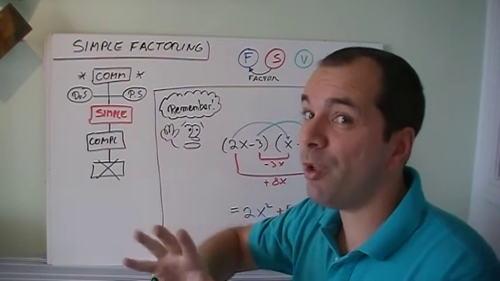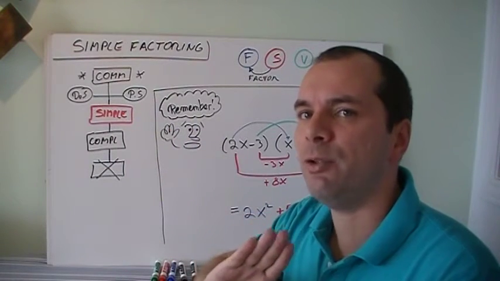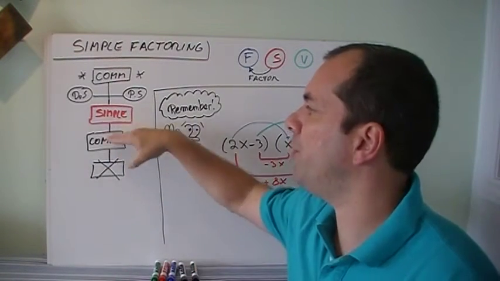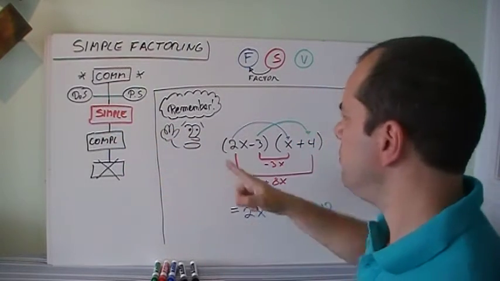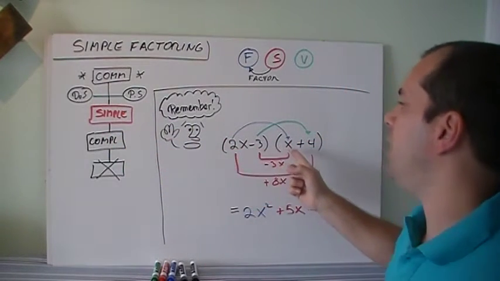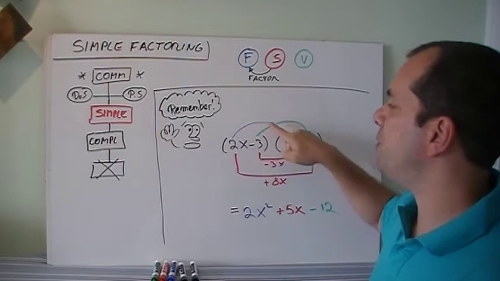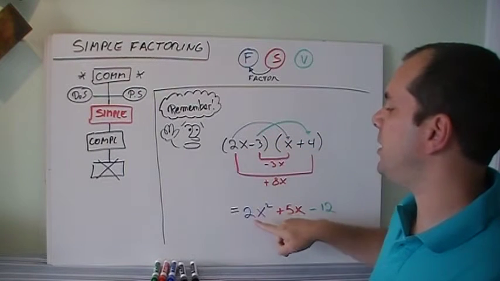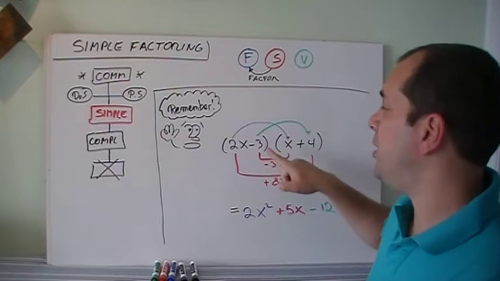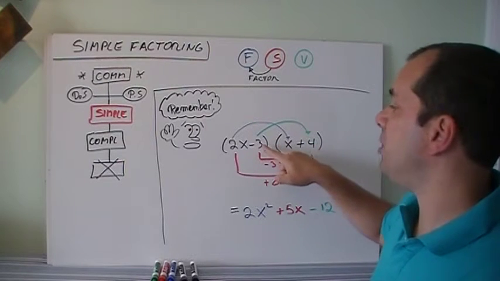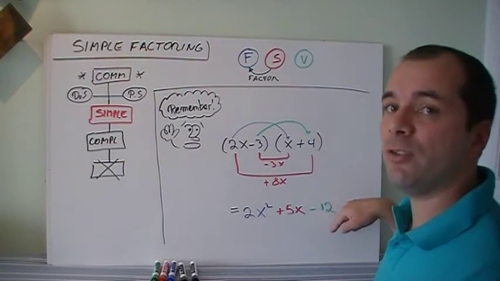Before we go on to that, let's review how to expand, because it's going to help us for all these cases. If I have 2x minus 3 times x plus 4, I know that I need to multiply the first with the first. 2x times x gives me 2x squared. And then the last with the last, minus 3 times 4 gives me minus 12.